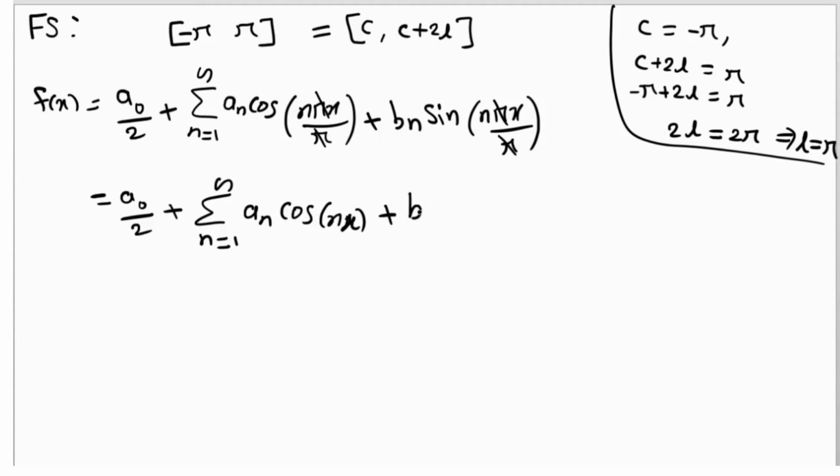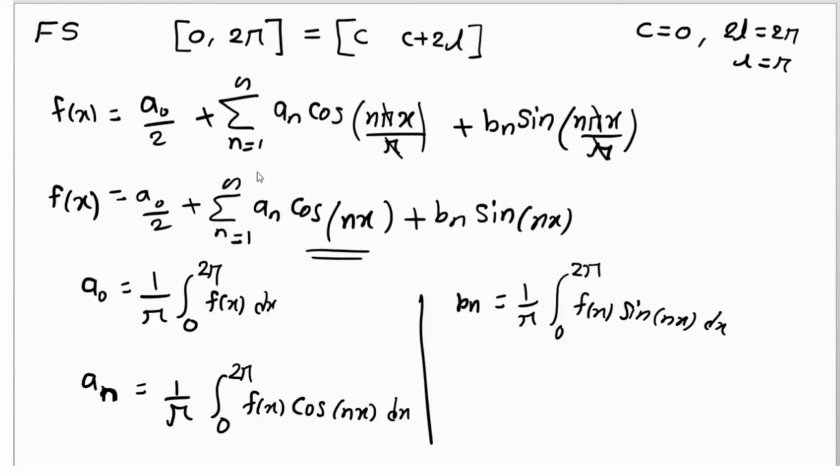plus bn sin nx. Now the only change is here: when we solve a naught, we have to take the integral from minus pi to pi, because here the interval is minus pi to pi. In the interval 0 to 2 pi, the integral is 0 to 2 pi.